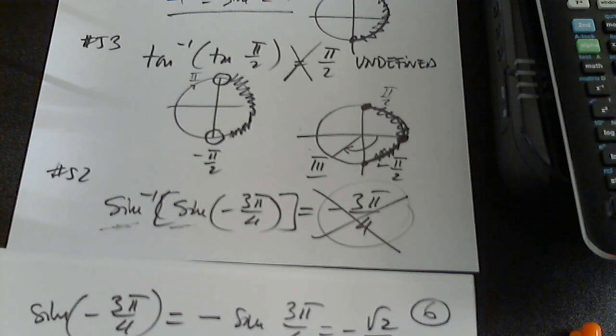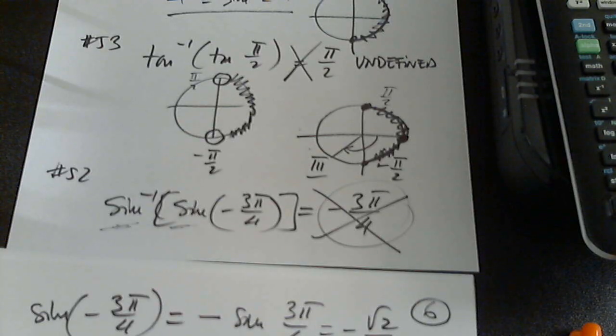It has to have the answer only where it's allowed. Sine inverse is allowed to have an answer only if I choose from negative pi over 2 to pi over 2. Not outside of that. Only here. And yes, you can check this with a calculator if you'd like, so you don't miss any points and you're convinced.